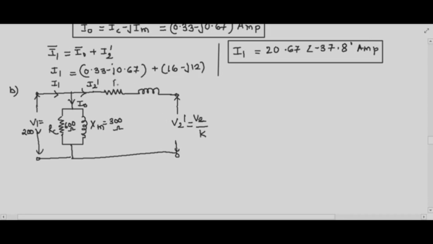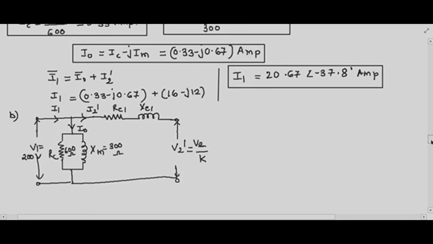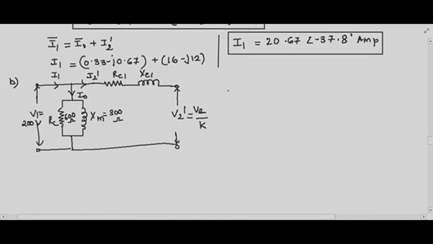And this is your RE1. This is your XE1. Okay, so now what do we have to find out? We have to find out the terminal voltage at the load or the secondary side. What is mentioned in the problem? Terminal voltage at the secondary side means we have to find out V2 dash.